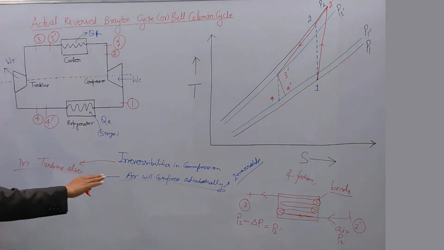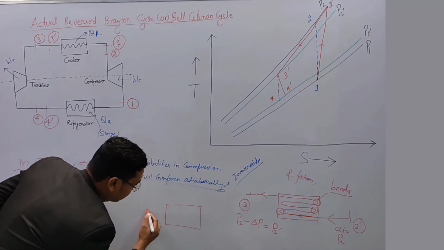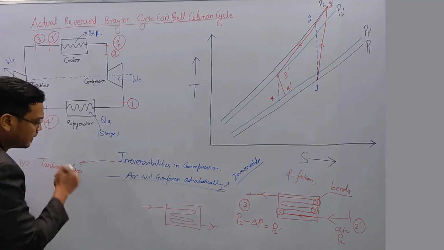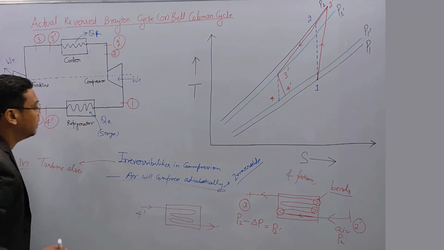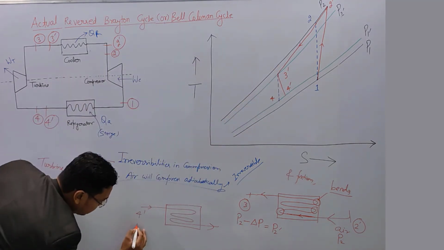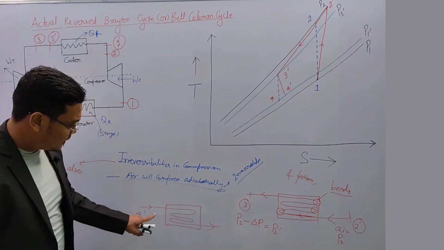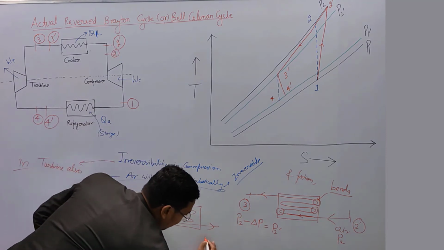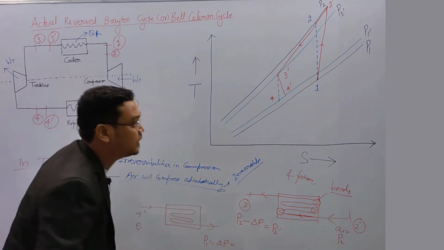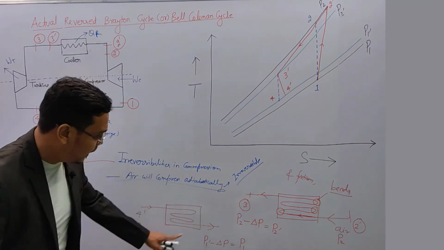This is the refrigerator and it is also like a heat exchanger. So in this case, the pressure at point 4 dash is P1 dash. Now from P1 dash, what will be the pressure here? Somewhere P1 dash minus delta P, and that pressure I can say is P1, because pressure will reduce.